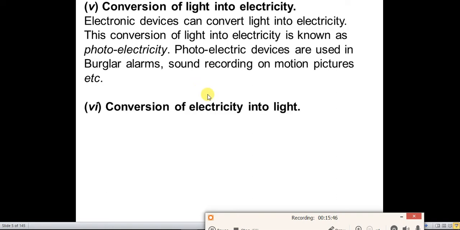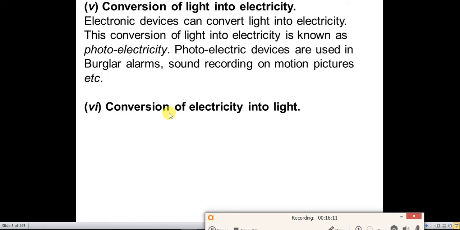Next is the reverse process, conversion of electricity into light. This is the most popular application and we use it every day. Now the technology has changed a lot. For electricity, first we were using yellow color bulbs.